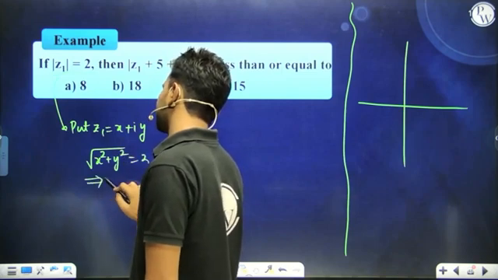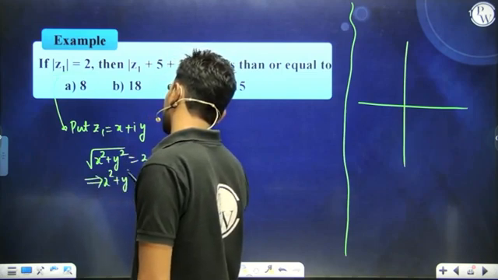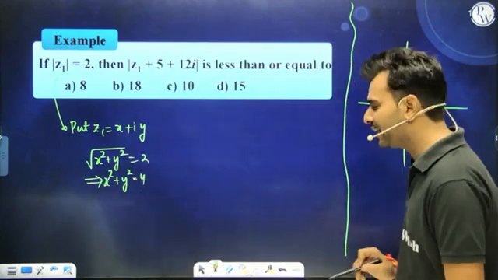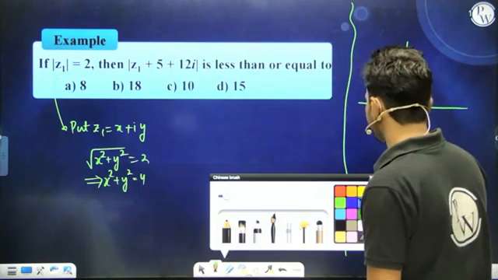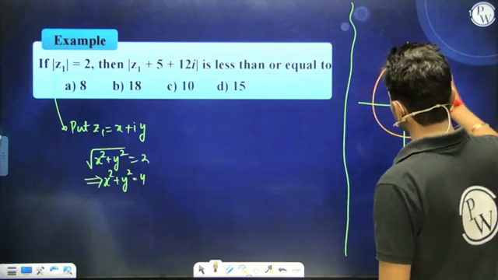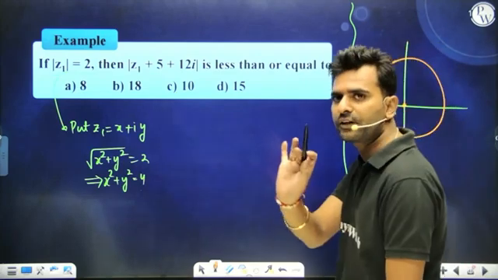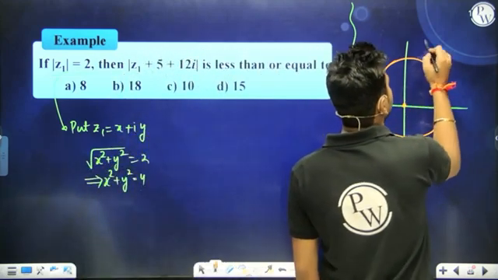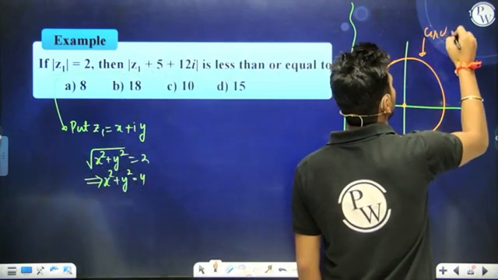Then this same thing can be written as x square plus y square equal to 4. Yes or no? That means this is a circle having radius 2. So z1 can lie anywhere on the circle with radius 2. Yes or no, everyone? Do let me know.